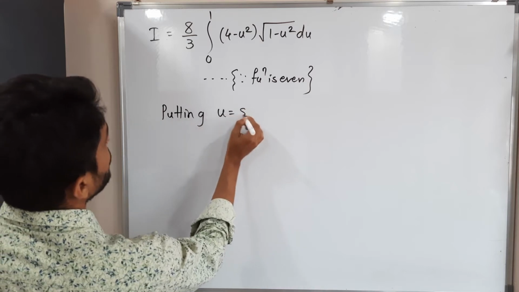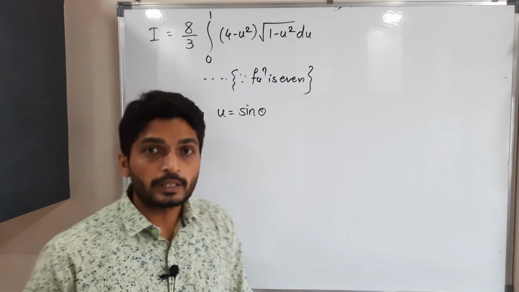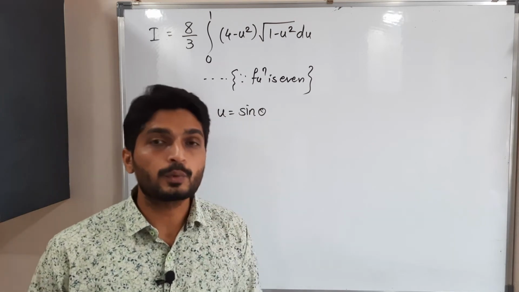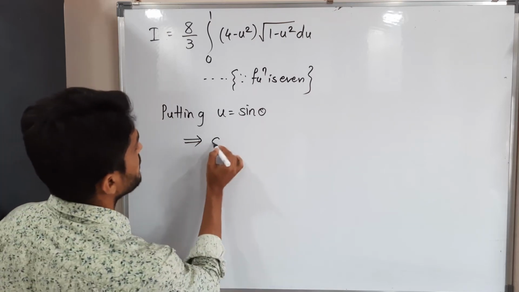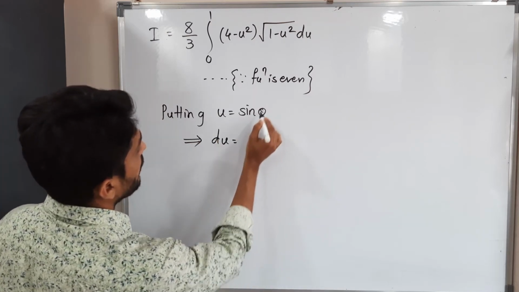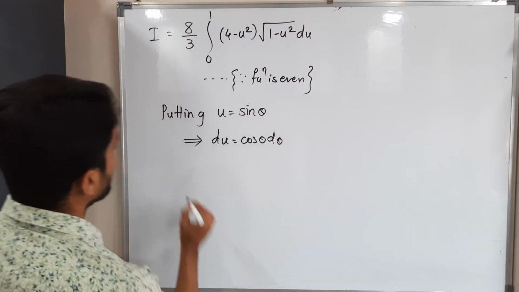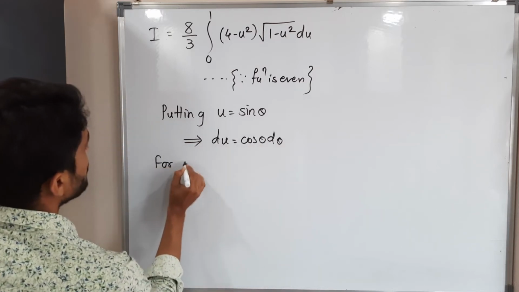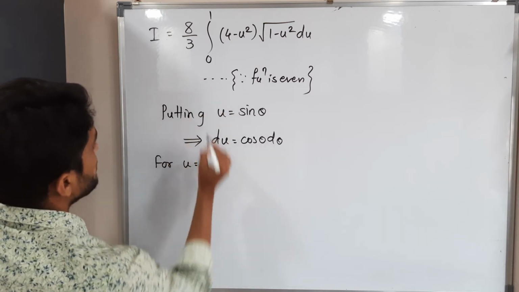So therefore I am putting u is equal to sine theta. When we put anything, our first task is to find its derivative. Derivative of u is 1 with respect to u, and du, derivative of sine theta, is cos theta d theta, right? Let us think about limits. For u is equal to, lower limit is 0.